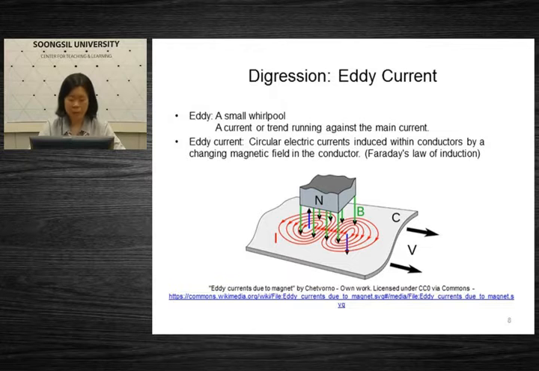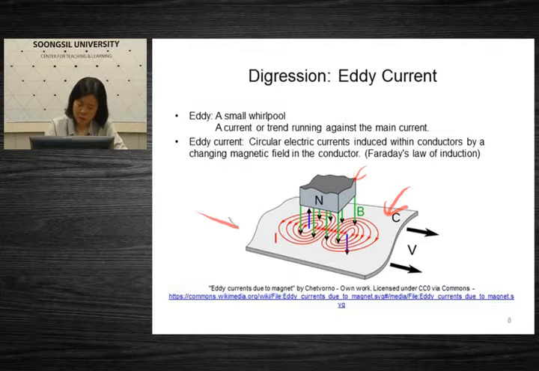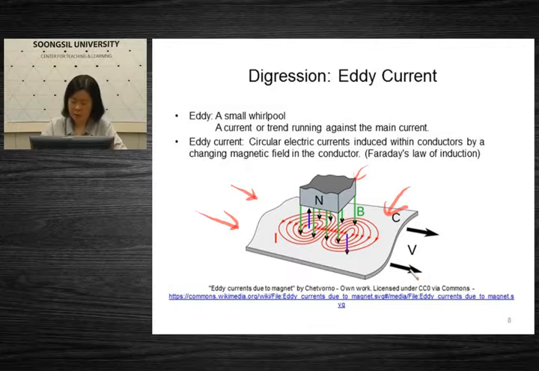Eddy current happens in electric circuits too. What happens is this. We have a conductor. We have a magnetic field coming from nearby. And let's flow some current inside this conductor.